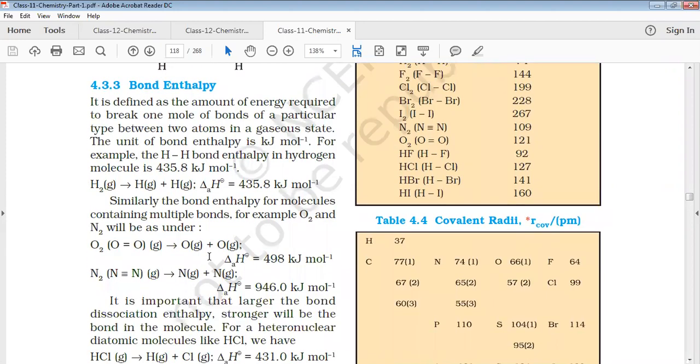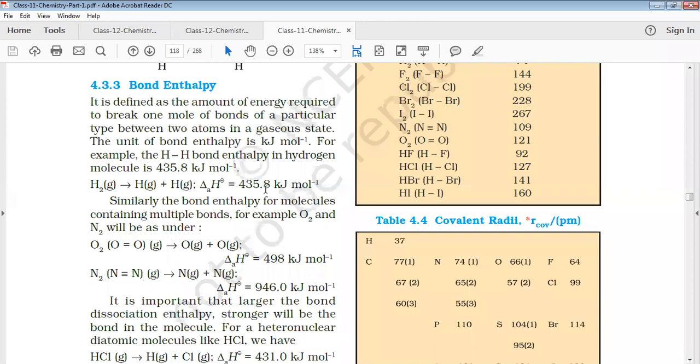To make or break a bond, how much energy you require, how much energy it will liberate. If you want to make a bond, you need to give energy. If the bond is broken, it will release energy. If you are calculating that energy amount, that is called bond enthalpy. Suppose you see the example here, H2. H2 will break and give H plus H. By breaking the bond, it releases some energy, 435.8 kilojoule per mole.